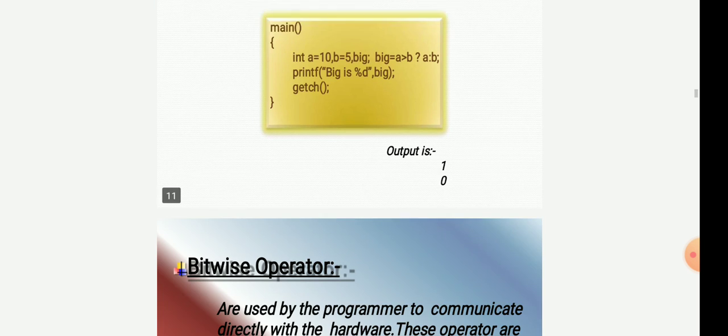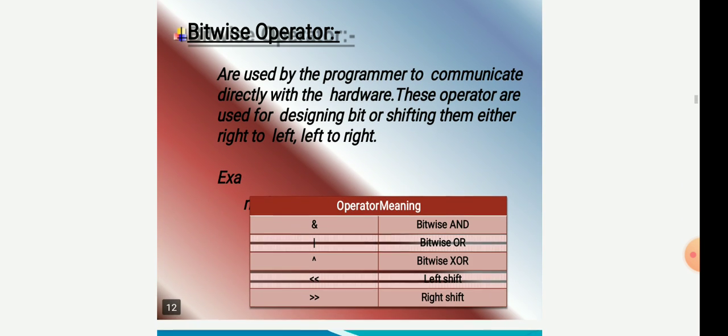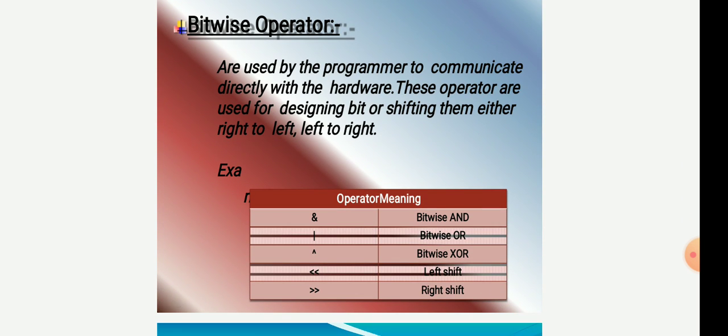Now we are covering the next operator, that is the bitwise operator. So dear students, why are we using the bitwise operator? When the programmer wants to communicate with the hardware, then the programmer can take the help of the bitwise operator.